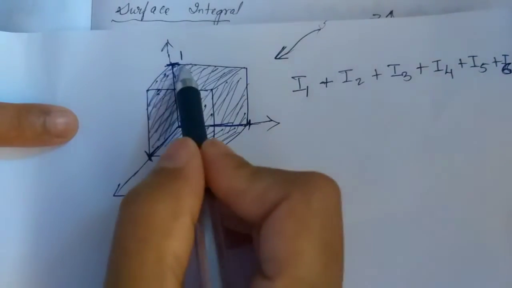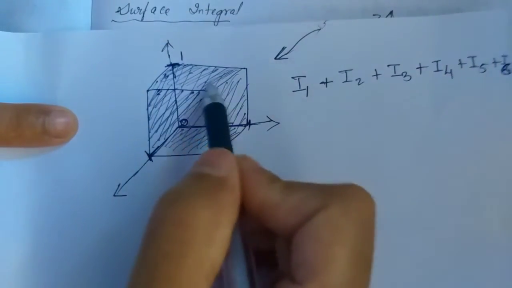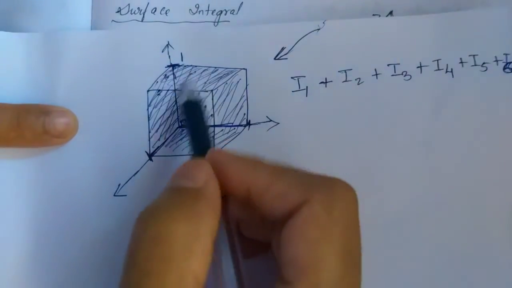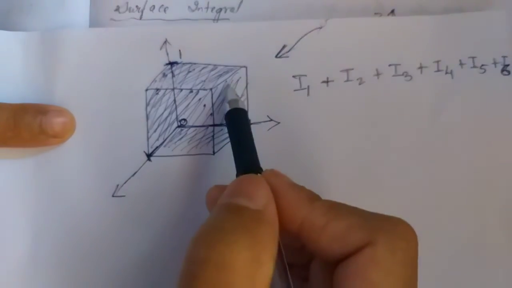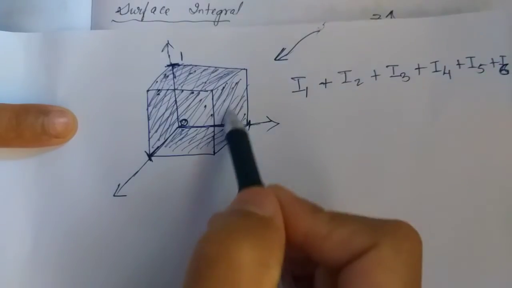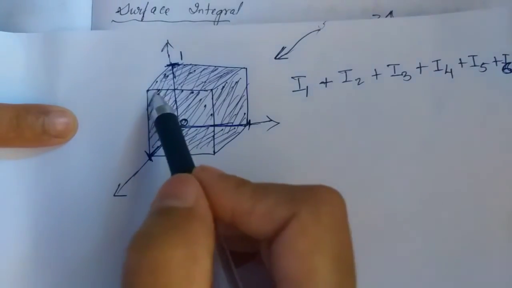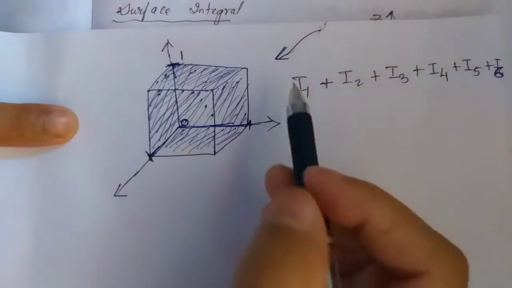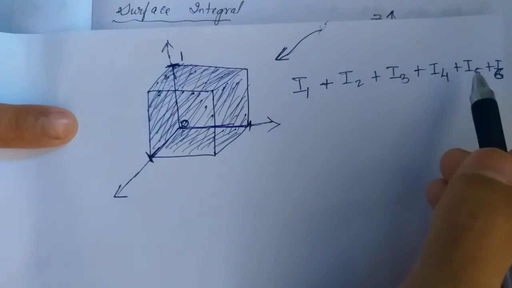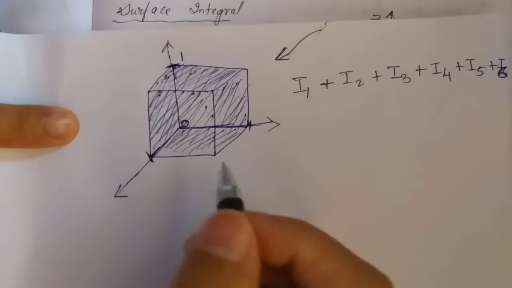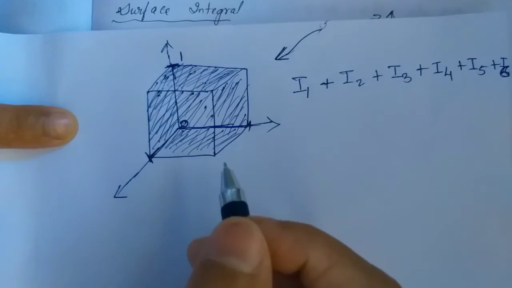The first surface is at the top, then the bottom, the back, the front, the right, and the left, and we get a total of 6 surfaces. That is why we use Gauss theorem.